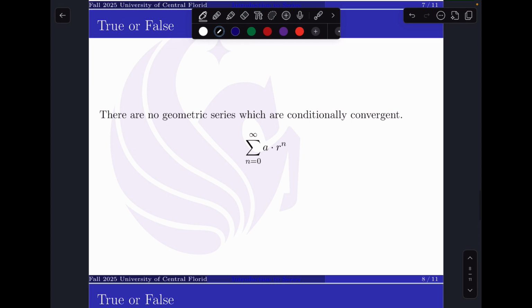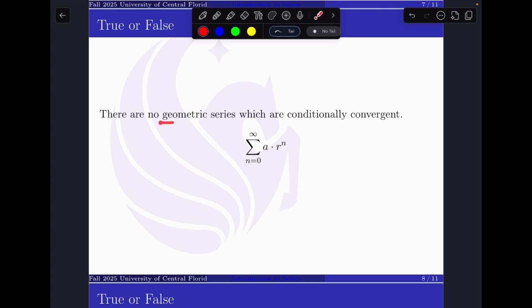All right, so I'm going to go through some true or false. I would recommend that you pause it, read it, decide what you think, and then play it to hear the explanation. So true or false, there are no geometric series which are conditionally convergent. This would be true. So a geometric series is either going to be absolutely convergent or divergent.